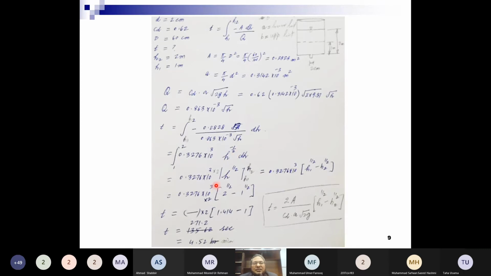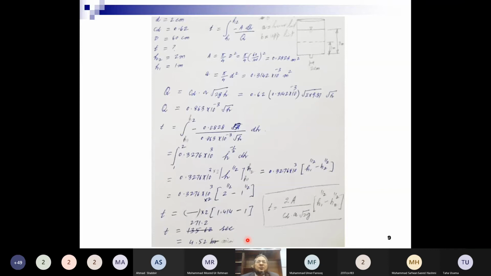Its integration is very easy, and that would be 2 times h raised to half. Then apply these limits, and after solving, you will get the emptying time as 271.2 seconds or 4.52 minutes.